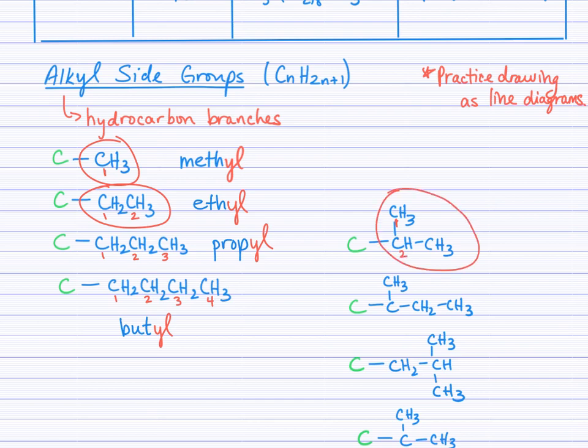There's still 3 carbons, 1, 2, 3, but study the difference between this one and this one here. Notice that now we have carbon 2 attaching to the green carbon, whereas in the first propyl we had carbon 1 attaching to the green. So that's different. The common name, or trivial name it's sometimes called, is isopropyl.